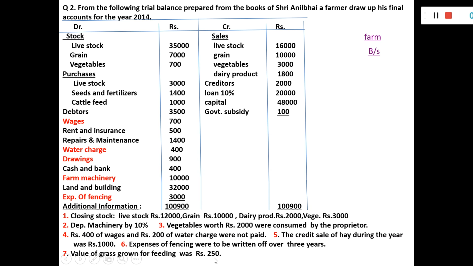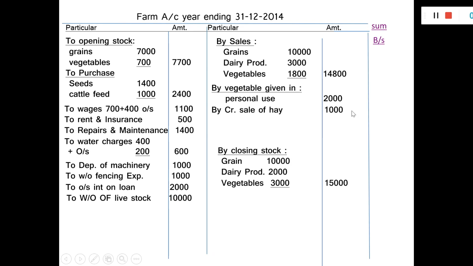This is the contra entry. Two effects will be given, debit and credit in the farm accounts. Grass grown used for feeding 250.